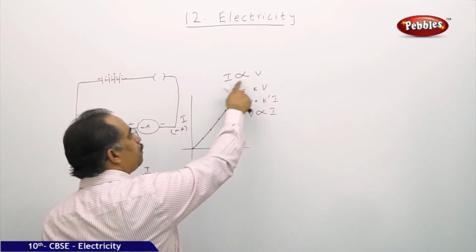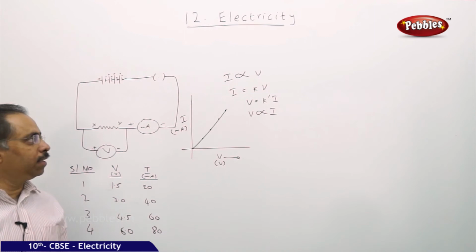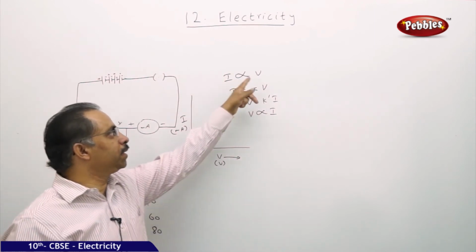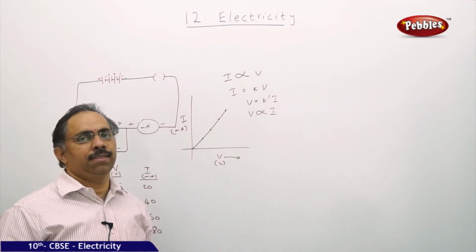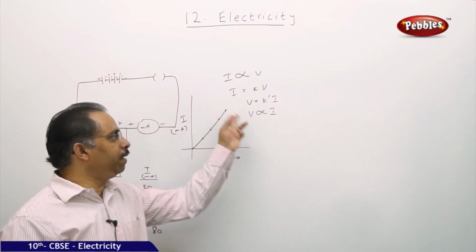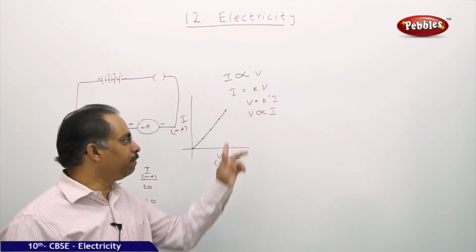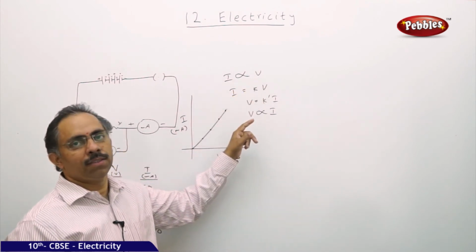When I say I proportional to V, I mean to say that I depends on V. When V changes, I changes. I is dependent on V. When I say V proportional to I, I mean to say V is dependent on I. So actually it is the other way around.